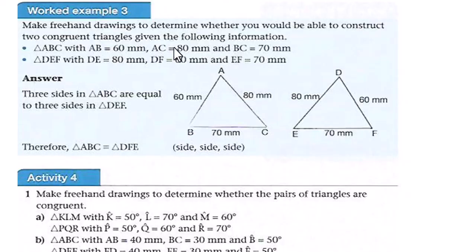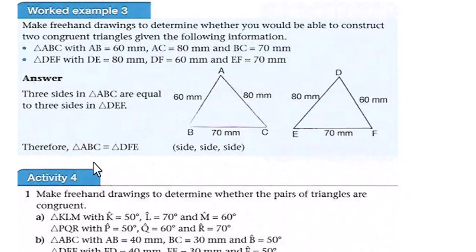we are told to draw. So when you sketch, it should be like this. Our A is here, then you just put the figures as mentioned in our question. So therefore these two are congruent. So triangle ABC has the three sides equal to triangle DEF.